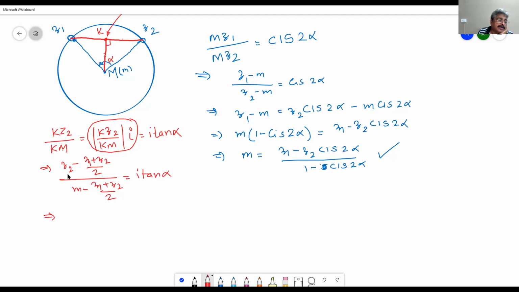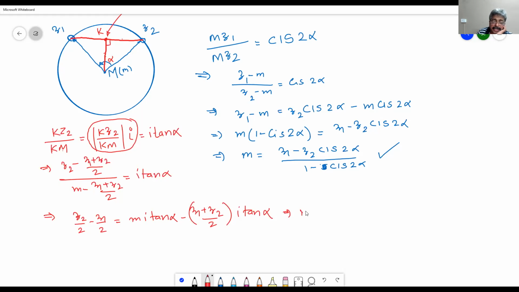So now, let us simplify. Z2 by 2 minus Z1 by 2 is equal to (Z1 plus Z2 by 2) minus M times i tan alpha. Correct?